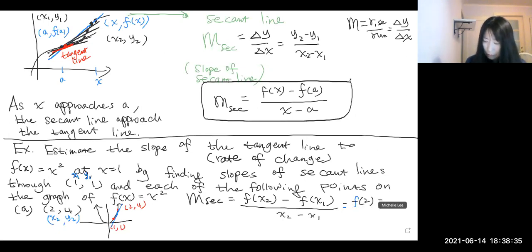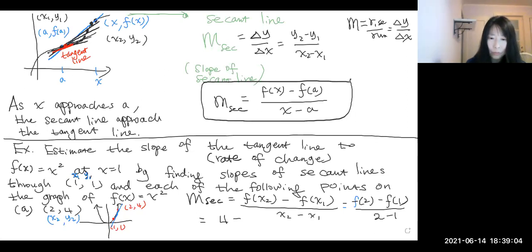Minus f of 1 over 2 minus 1. Okay. F of 2, what do you get? 4. We plug in x equal to 2, so 2 squared, which is 4. F of 1, what do you get?